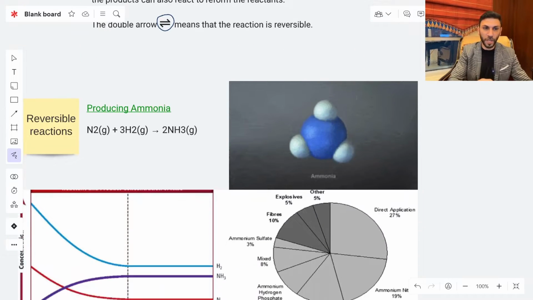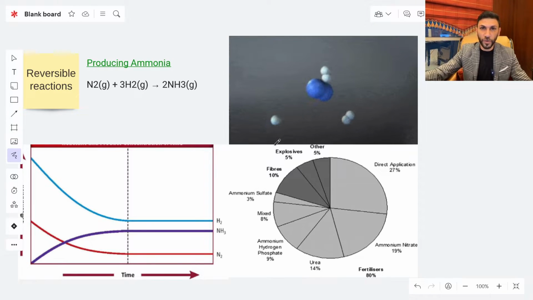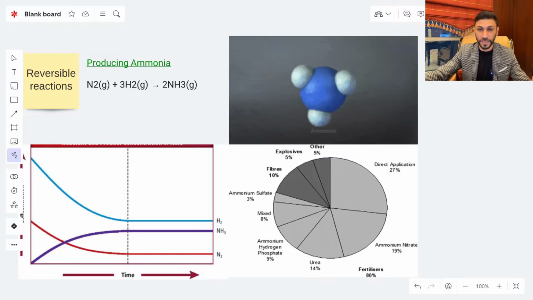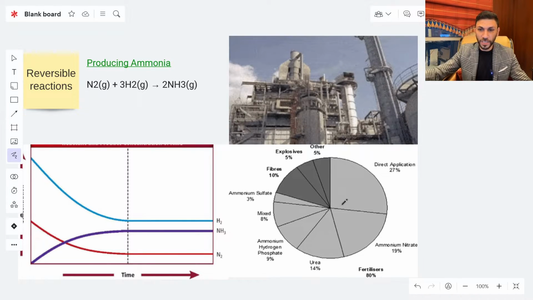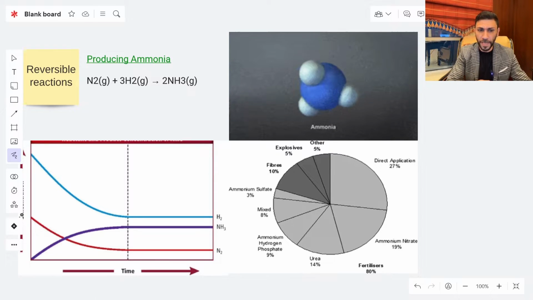An example about a reversible reaction is the producing of ammonia. Ammonia is very, very important, and it's produced in many countries. One of them is the UAE. There are many factories in Dubai, for example, and they are producing this important gas. As you can see, the ammonia has many uses.